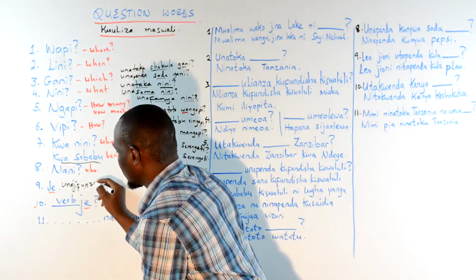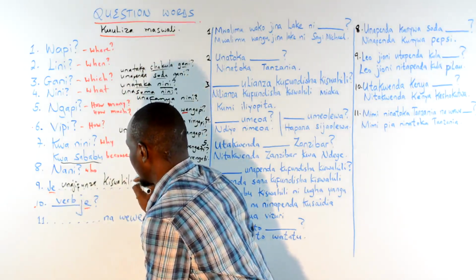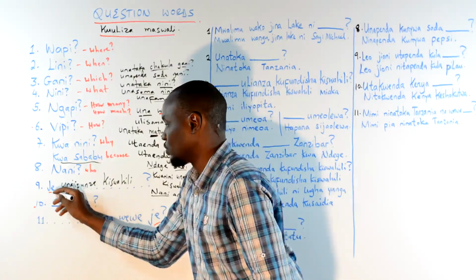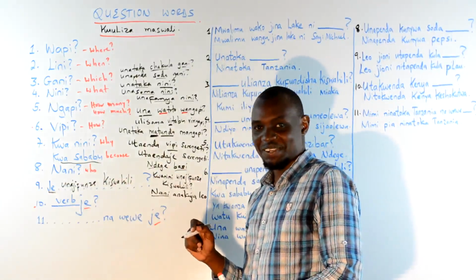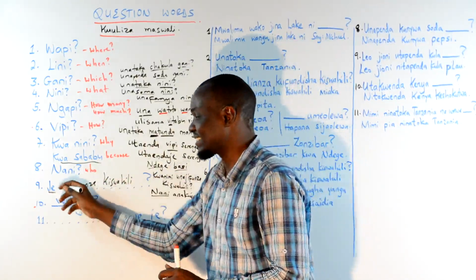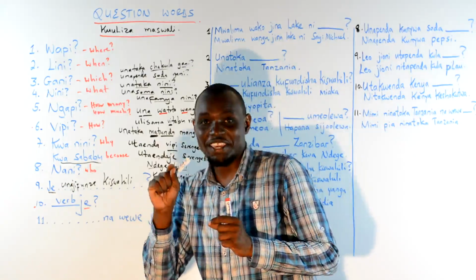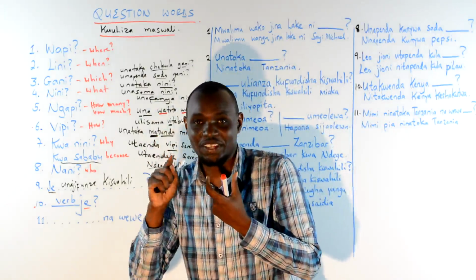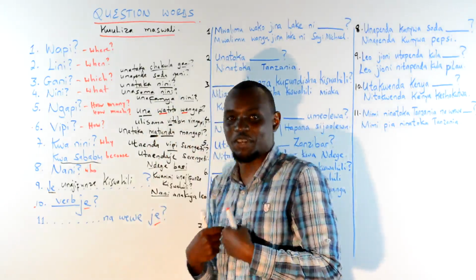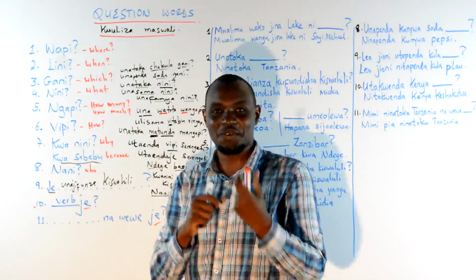Je, unajifunza Kiswahili? Do you or are you learning Swahili? So the answer will be yes or no. This question indicates that this one is asking me a question, and you are supposed to answer yes or no, right?